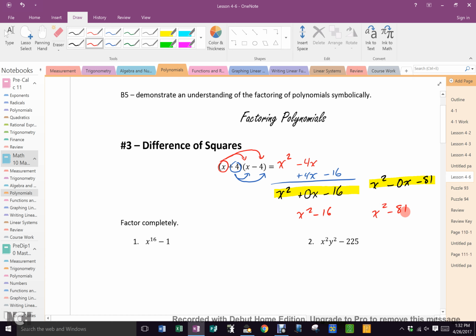Now tell me any other similarities you see between the two red binomials. Pardon me? They both start with a squared. Excellent. What else is the same? They are both binomials. They are both subtraction.